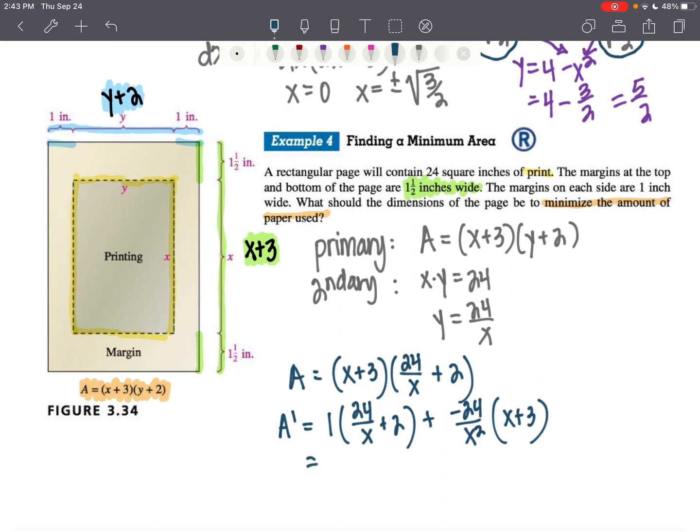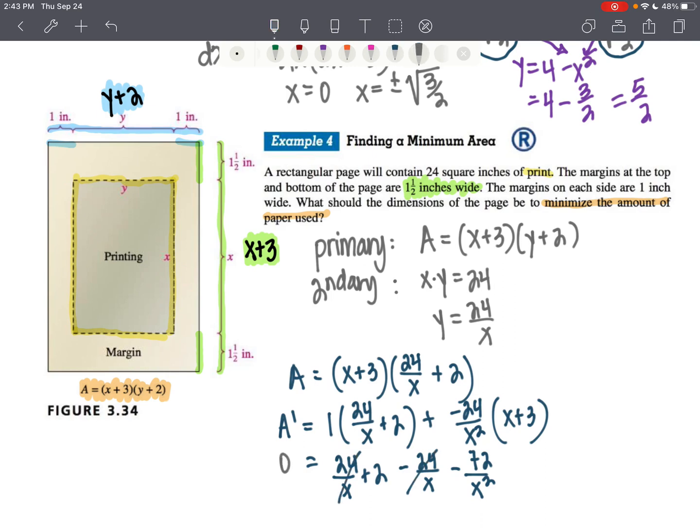And that's going to equal 24 over x plus 2 minus 24 over x minus 24 times 3 is 72 over x squared. Well, that's beautiful. 24 over x minus 24 over x.